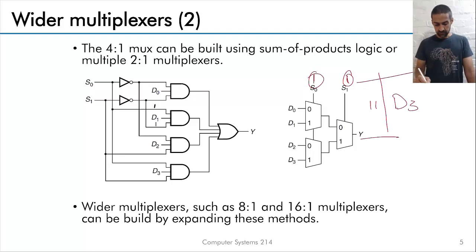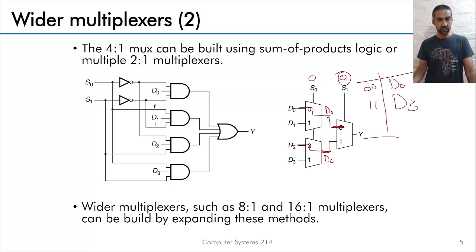If I've got the condition 0, 0, this is 0, this is 0, then because this is 0, D0 is manifested here. Because this is 0, D2 is manifested here. And because this is 0, this one is selected. So what comes out is D0.